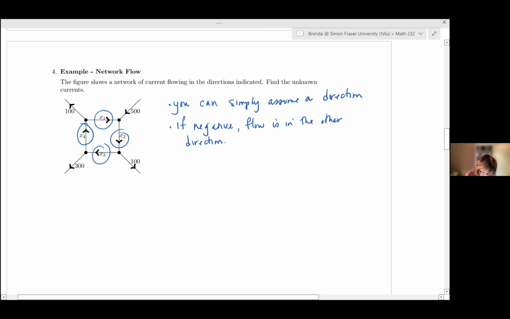Okay, so how are we going to go about these problems? There's an algorithm here. Let's say what it is. Assign variable names to unknown flows. That's already been done in our drawing.